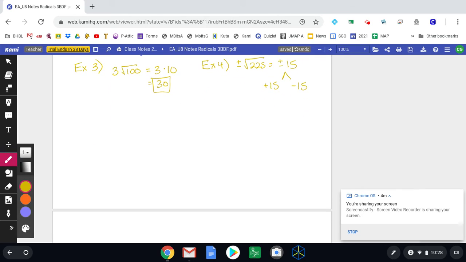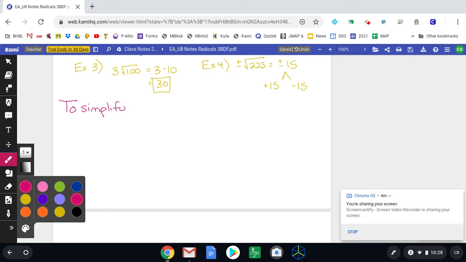But now we have to think about, okay, well, what if they don't work out to be nice answers? So what if I have a square root that's not a perfect square? Okay, so to simplify square roots. All right, so the first thing we're going to do when we're simplifying a square root is evaluate if it's a perfect square.